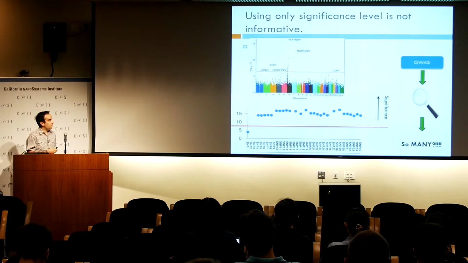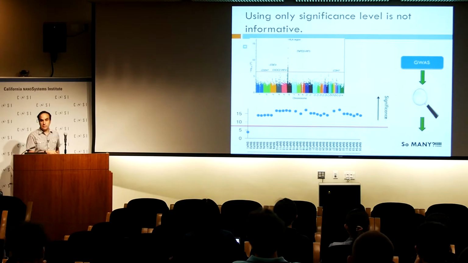So why is fine mapping hard? Here we have the results of a GWAS study on the top, and there's a really nice peak that is clearly significant. However, when we zoom in to this point, we see that all of these variants are significant, and so it's very hard to tell which variant is the actual causal one.